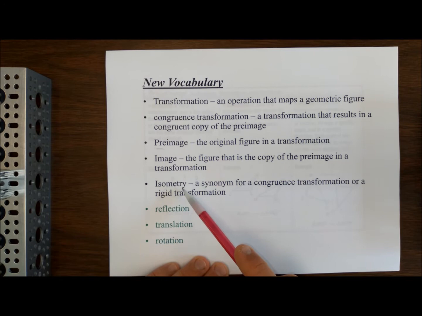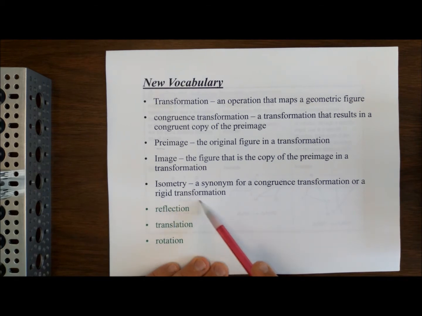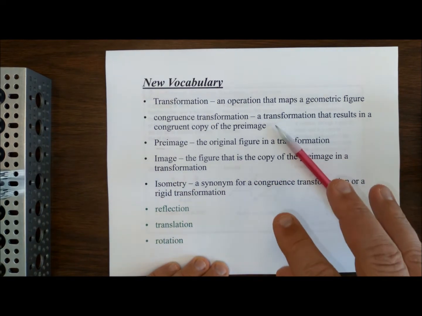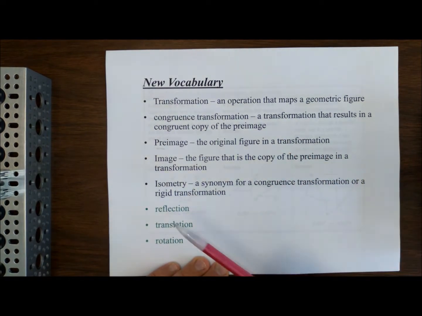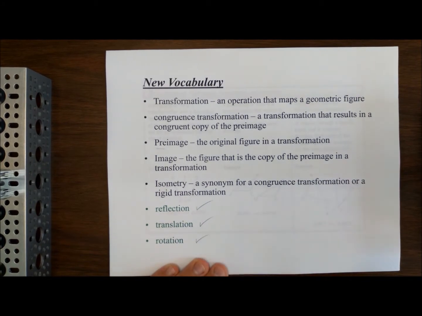An isometry is just a synonym for a congruence transformation, or you may also see it referred to as a rigid transformation, because we're moving it around somewhere, but it's keeping its size and shape. It's staying rigid. The three types of congruence transformations we're going to look at, I'm going to define with some neat pictures in the next slide: reflections, translations, and rotations.